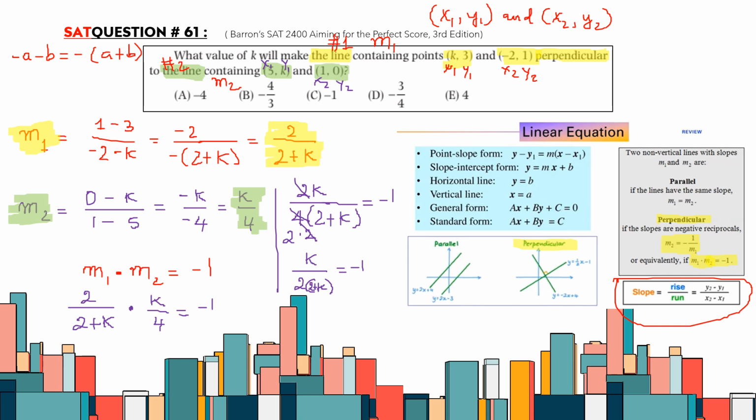Now multiply both sides by 2 times 2 plus k. Then we can take that off. k is equal to -1 times 2, that is -2 times 2 plus k. Now 2 times 2 is -4, and -2 times k is -2k.